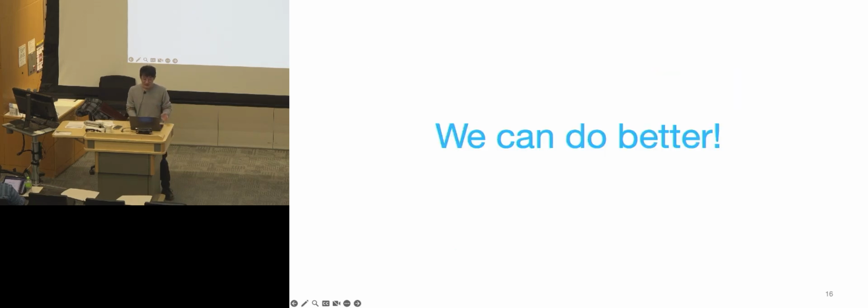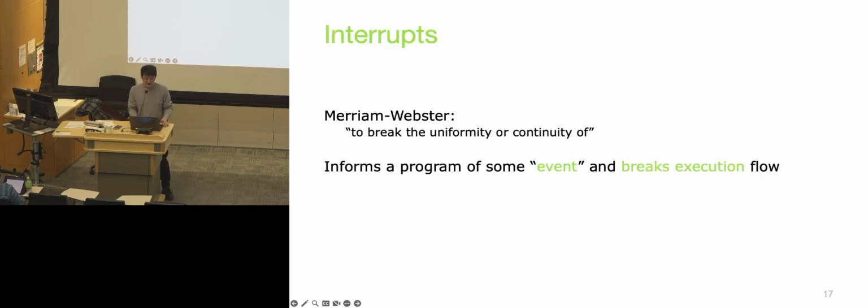So we can definitely do better, which is why we came up with interrupts. As a word, it means to break the unity and the continuity of something. In our context, it's pretty much informing a program that some event is happening, and it should break the execution flow at the moment, do that, and then come back.